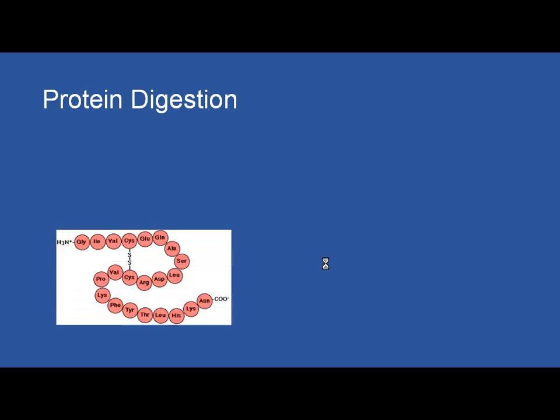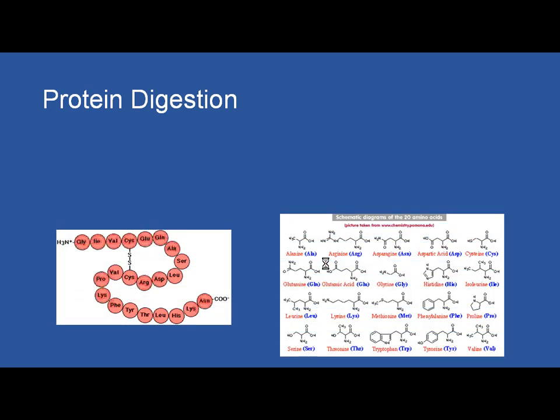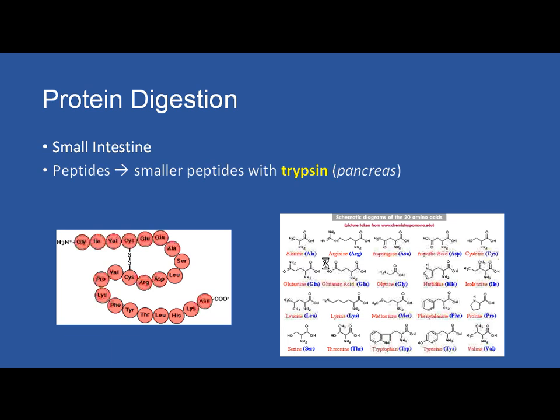Protein digestion, we then take those polypeptides and we cut them into shorter pieces. Now we're into the small intestine, right through the pyloric sphincter into the small intestine. The peptides get cut into smaller pieces. The next enzyme up is called trypsin. Trypsin is produced in the pancreas, but acts in the small intestine.